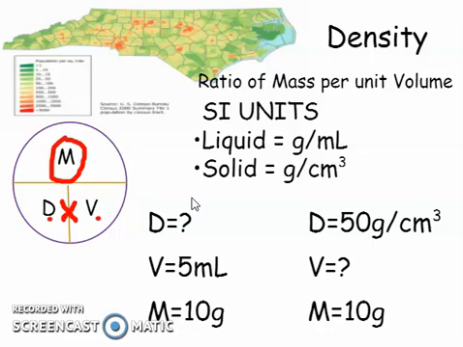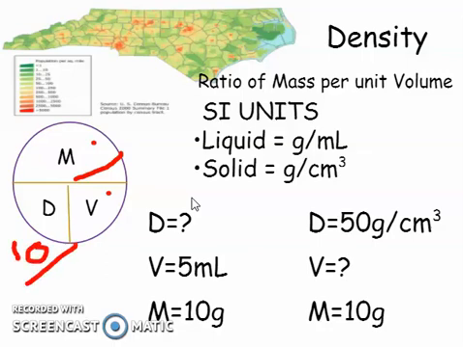So this first equation on the left here, we're looking for the density. All right, and density is mass divided by volume. Okay, density is mass divided by volume. If I do 10 divided by 5, because I have 10 grams, 10 over 5 equals what? The density should be 2.